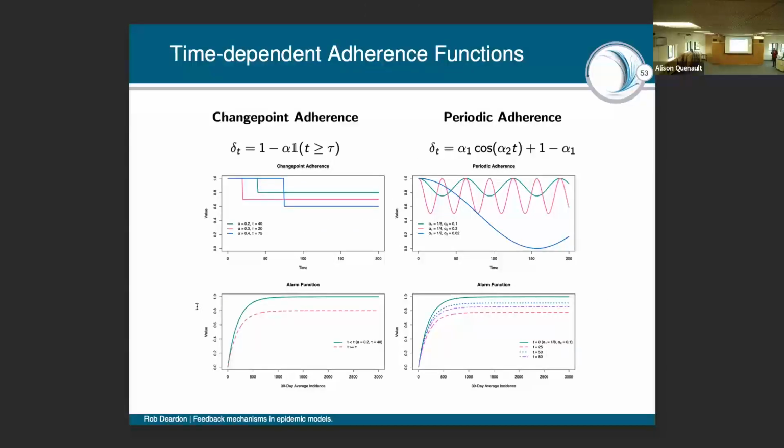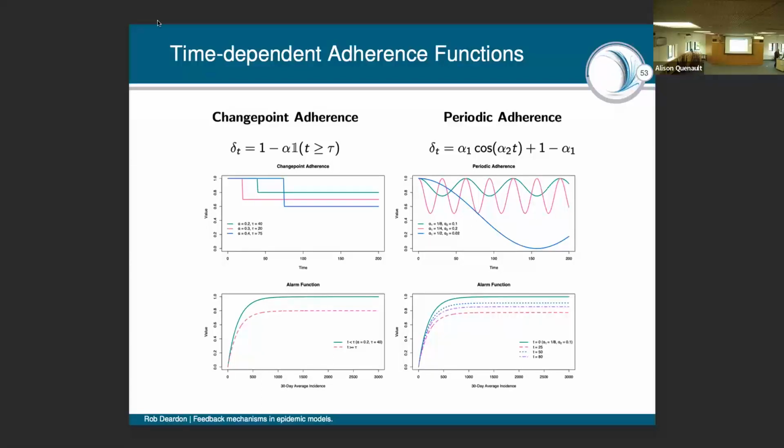Now, Madeline's been looking at two main classes of these, and this is all work that's ongoing. I'm just going to show you one set because they work better. The set that hasn't worked so well is to make the adherence function depend upon the disease metric, the same disease metric that drives the protective function, so the disease level, or we've tried to look at the differential, how far down or up the slope of the epidemic curve is going.